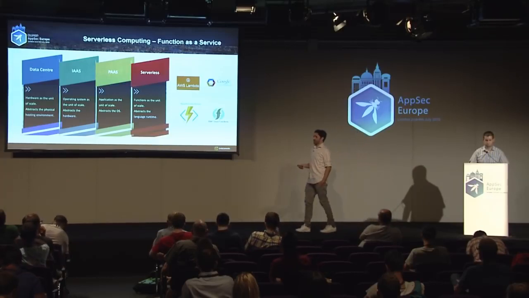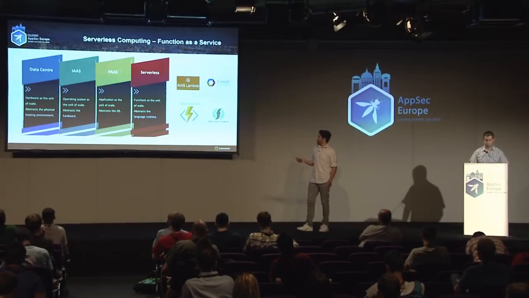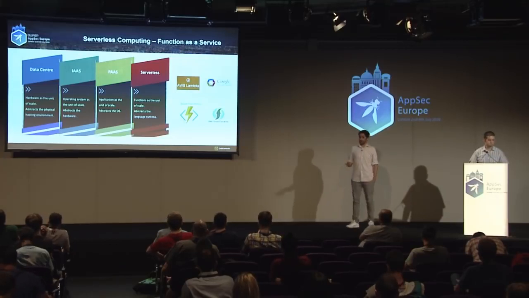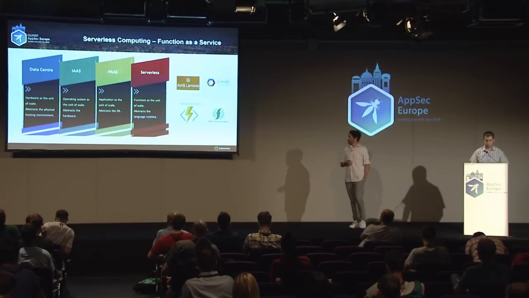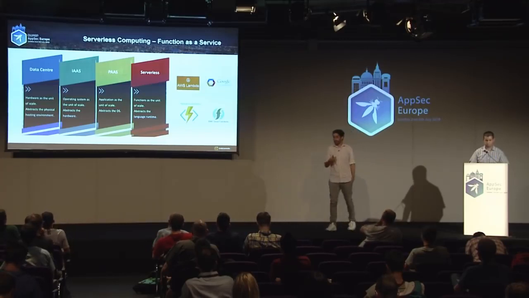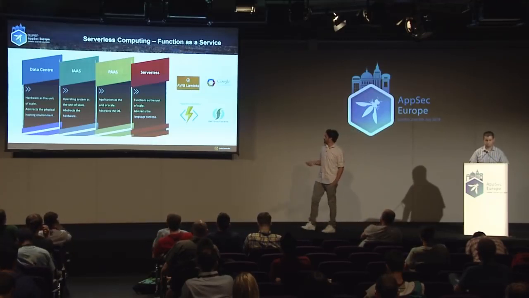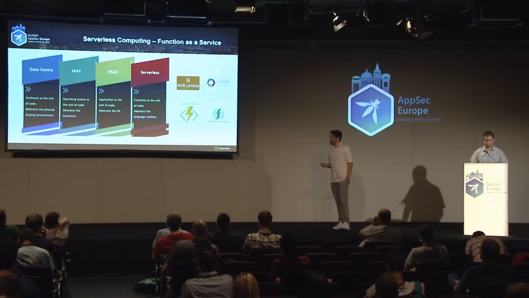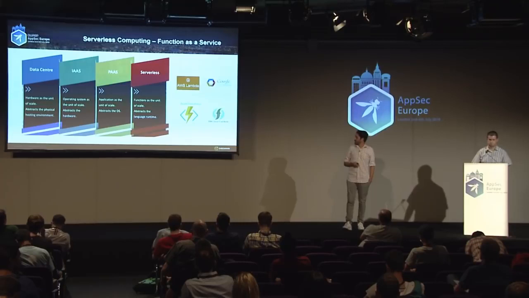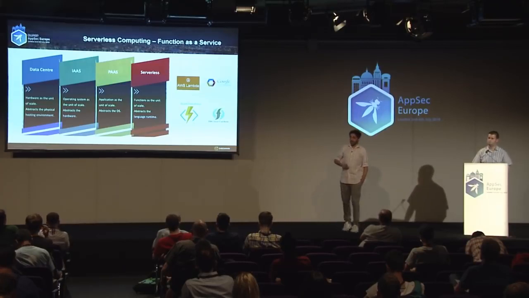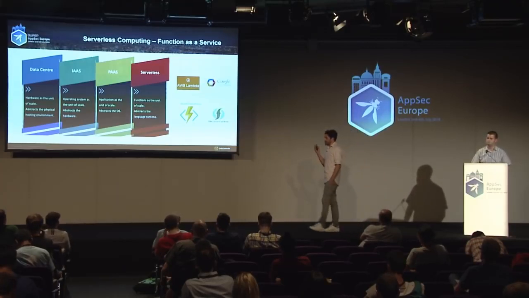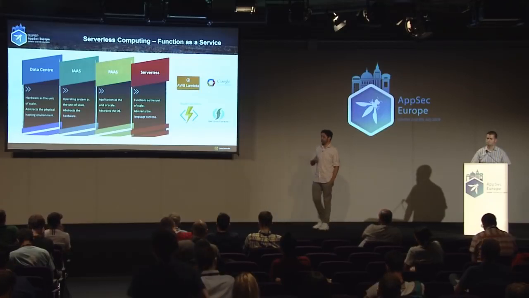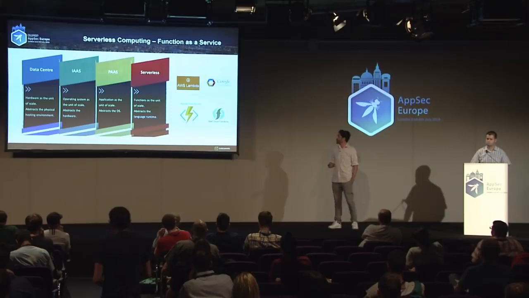Later on, we moved to infrastructure as a service, where the operating system became the unit of scale, and the hardware was no longer relevant for the users. And then we had platform as a service, where the application was the unit of scale, and the OS was no longer relevant. You just launch your application, it runs there. You don't care where it's really running or what OS is running it. You don't have to set up an OS or anything like that.